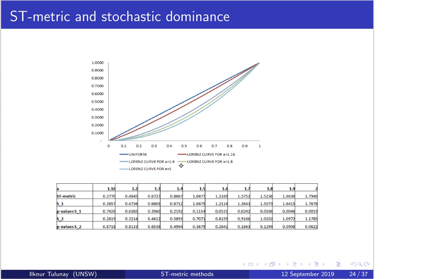The blue one is 1.6, and this is 2. This is 1.6. This is 1.8. So these are the curves that the stochastic method assumes are the same as the uniform distribution. So these curves and these curves represent the same strategy, same distribution according to this one, and this one represents the same distribution according to the stochastic dominance method.